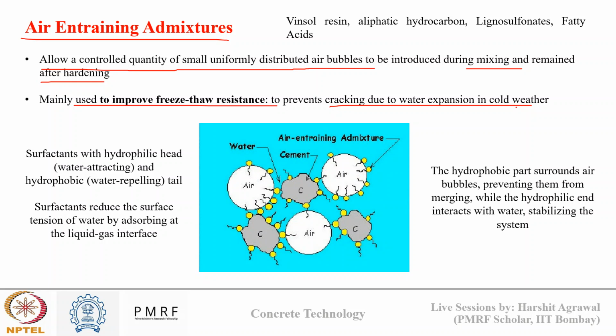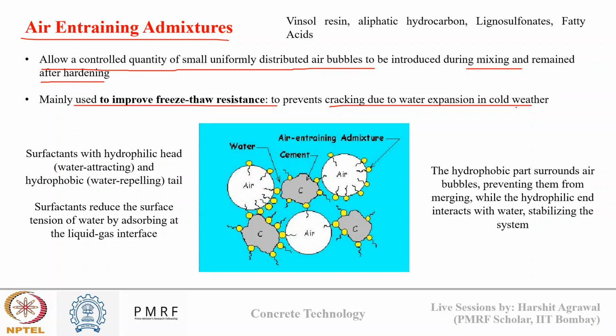When water converts into ice, there's a volume expansion of about 9 to 10%. Since concrete is a rigid material and has very limited space to accommodate such expansion, the ice that is forming inside the voids can cause pressure on my matrix.